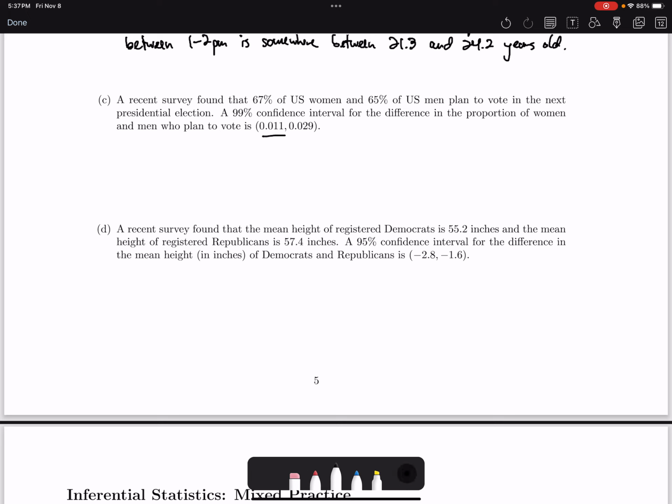And we're estimating it to be somewhere between 1.1% and 2.9%, right? That's what this interval means. That makes sense given the sample data, right? In the sample, there was a 2% difference. So in the population, we would expect there to be somewhere between a 1.1% and a 2.9% difference.